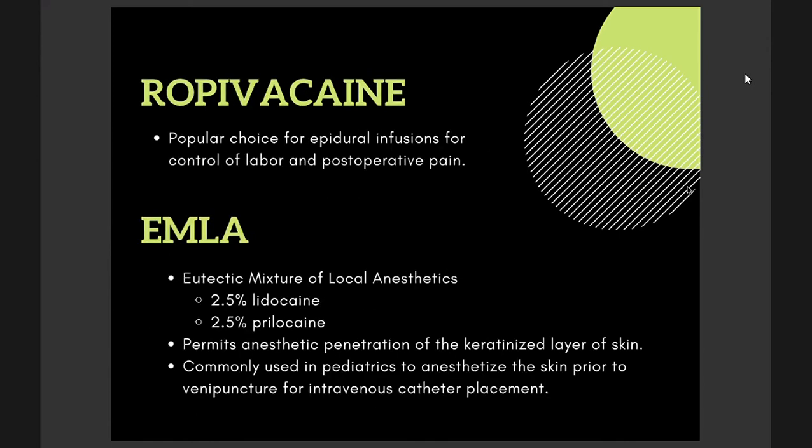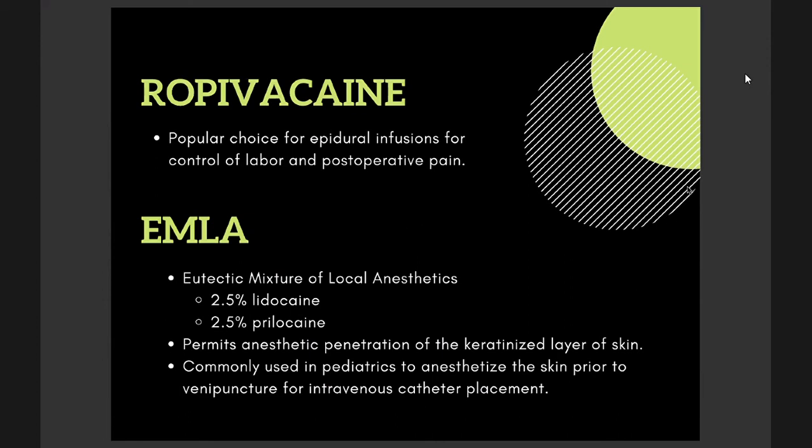You have ropivacaine, another long-acting amide local anesthetic. It is another local anesthetic that displays differential block, and a popular choice for epidural infusion for control of labor and post-operative pain. This is a new amide local anesthetic that is structurally and behaviorally similar to bupivacaine.